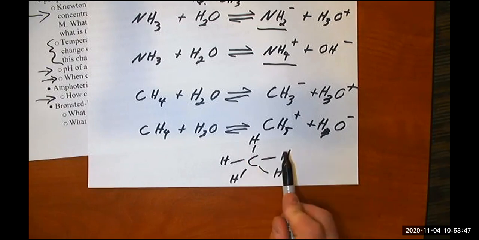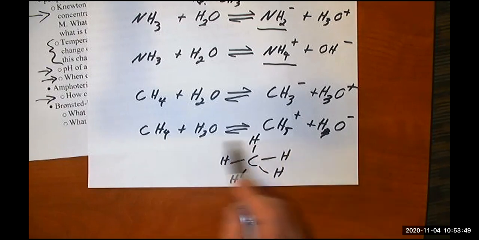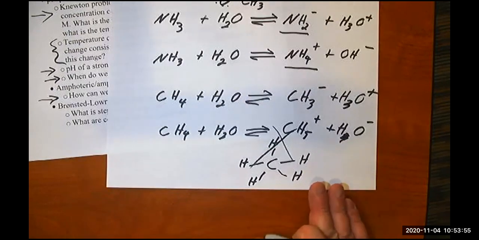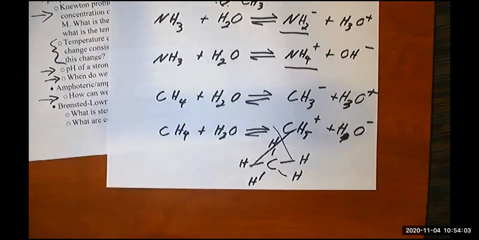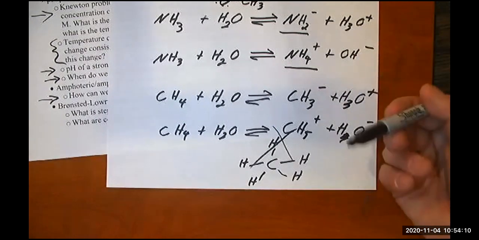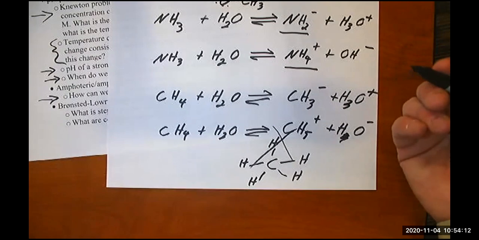So this reaction is completely nonsensical, and methane is impossible to be amphiprotic. So the general process is to think about what the result of an acid reaction would be and what the result of a base reaction would be, and then look at those products and say, do they make chemical sense or not?